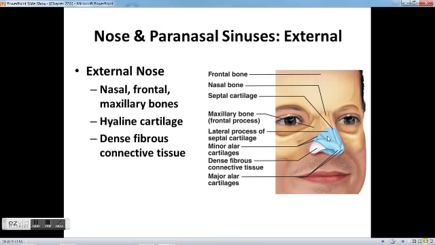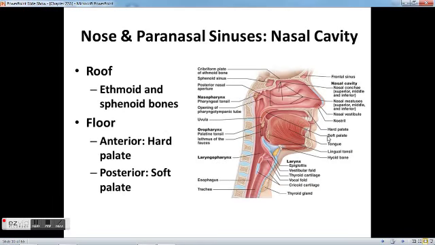We also have some dense fibrous connective tissue making up that outside little hump of your nose. So when people get a nose job, a lot of what happens is often some shaving down of the cartilage or the dense fibrous connective tissue to refine the shape of the nose a little bit.